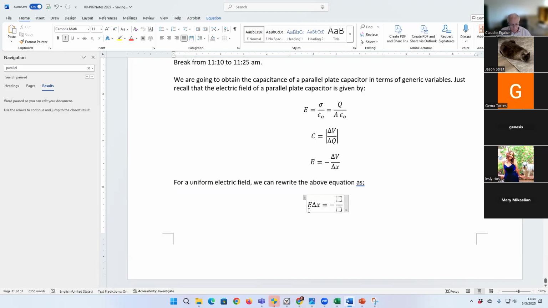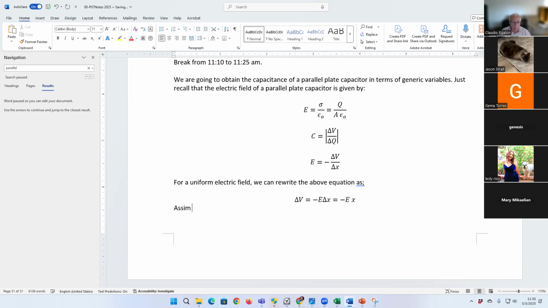I'm gonna put my delta V here, and there is a negative sign in there, okay? So making our X naught, this delta X would be X minus X naught. Making my X naught equal to 0, put my X naught at the origin of my coordinate system, then we end up with a relationship for the delta V and the electric field as being that.